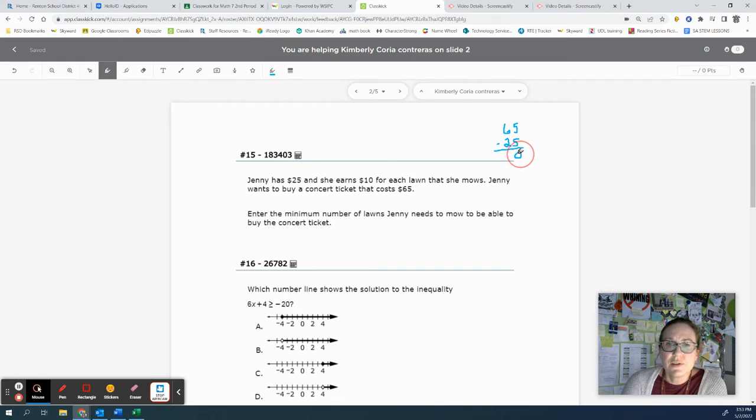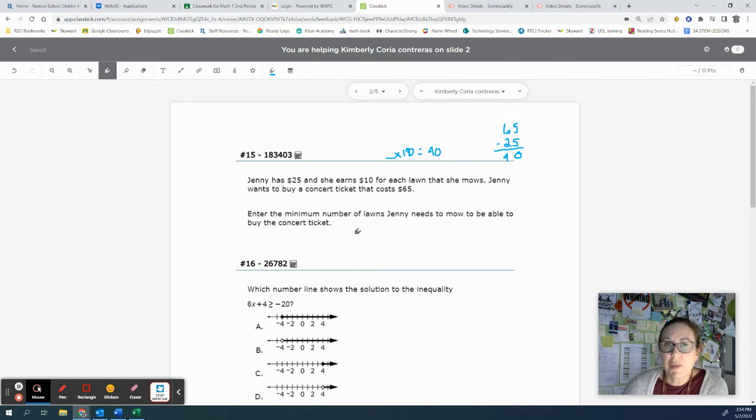So she still needs to earn $40. Then you can say, she earns $10 for each lawn mowed, so how many lawns does she need to mow? She needs to mow 4 lawns, because what times 10 equals 40? And so you could do it that way.